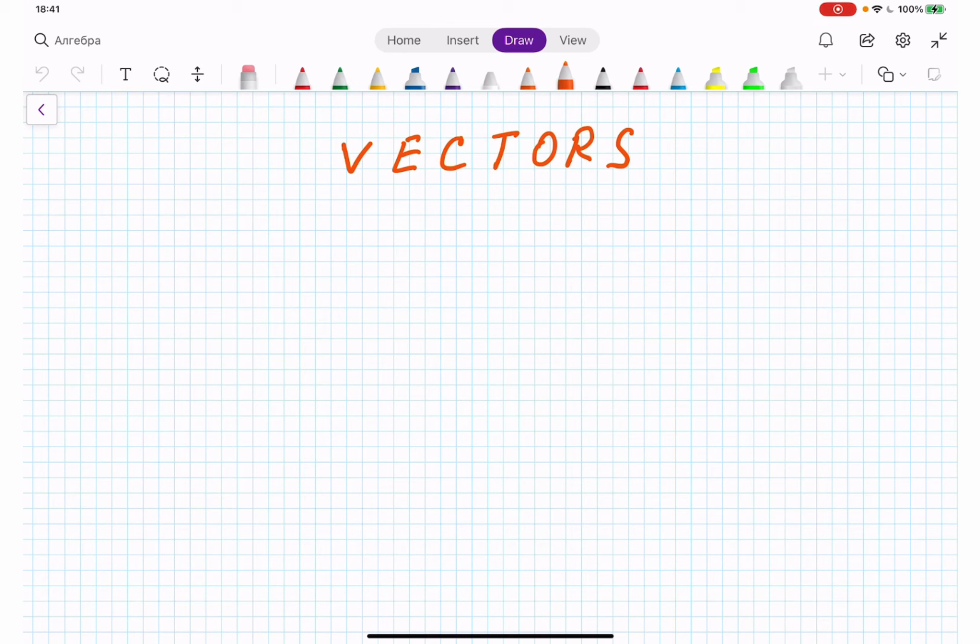And there is a modulus, meaning the absolute value of speed, 18 meters per second. Quantities that have no direction are called scalar values. So a vector consists of a scalar value, we can say.